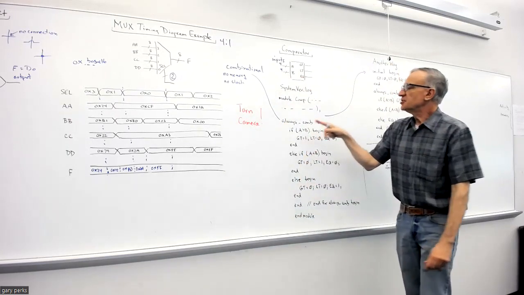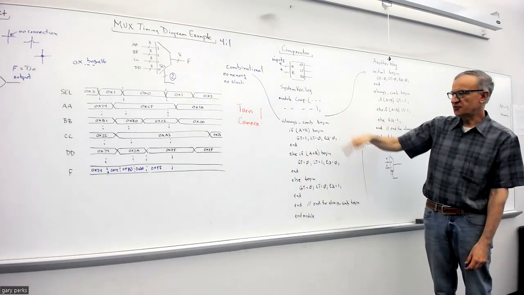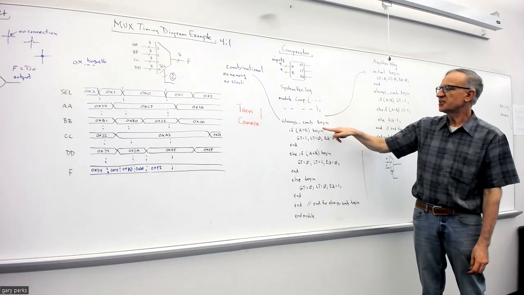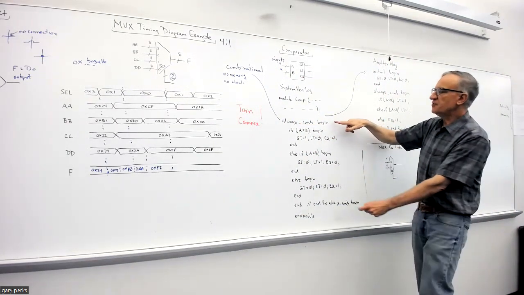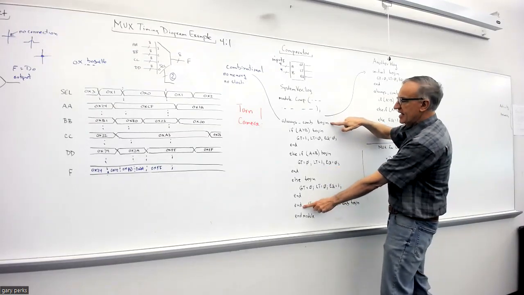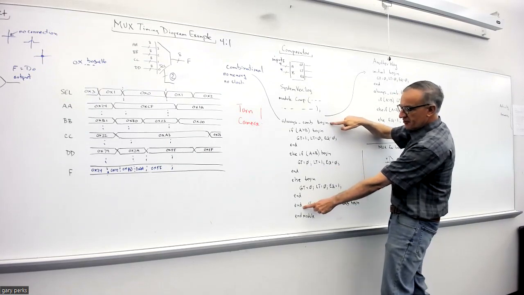So in System Verilog, to do an if statement for a combinational circuit like we have here, you need this always_comb. Then you need a begin and an end for that always_comb block. You see this end down here goes with this begin.